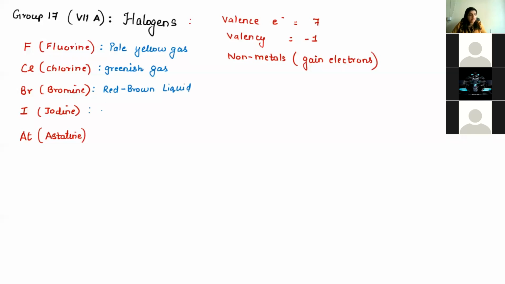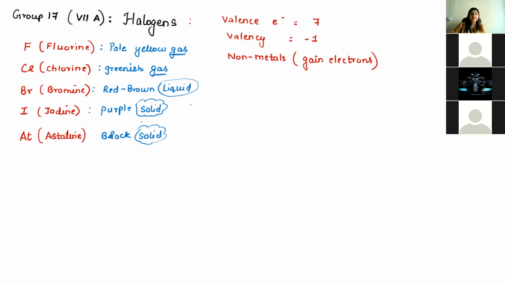Iodine is a dark purple, black solid. And astatine is also a black solid. So if you see: gas, gas, liquid, solid, and solid. This is the only group where you find all 3 states of matter together.